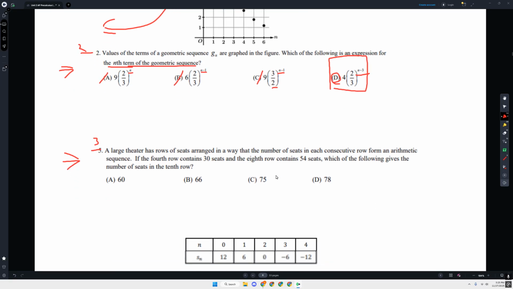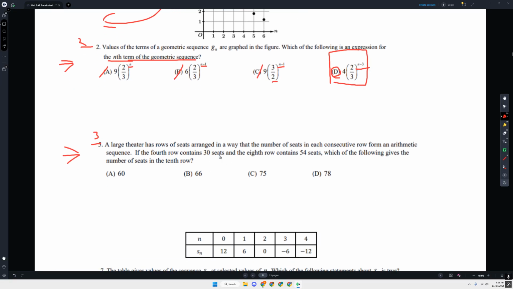I see a few people have answered number 5 or 3. For this one, we would say a of 4 is equal to 30, because it says the fourth row, and it says it's an arithmetic sequence, and a8 is equal to 54.